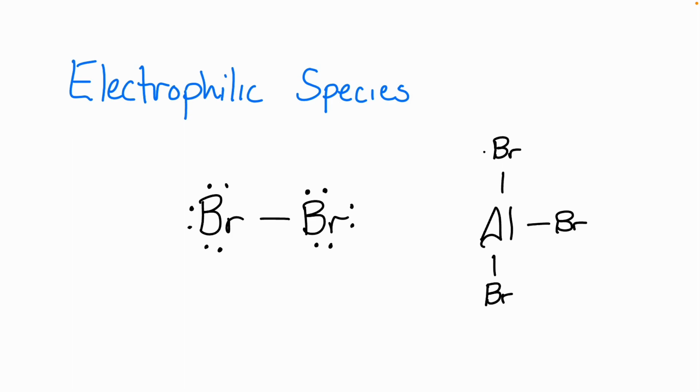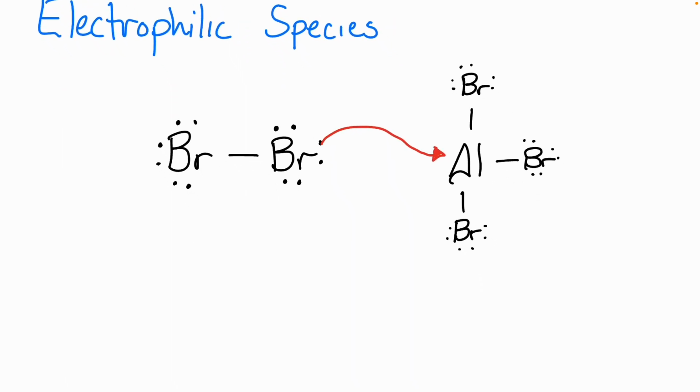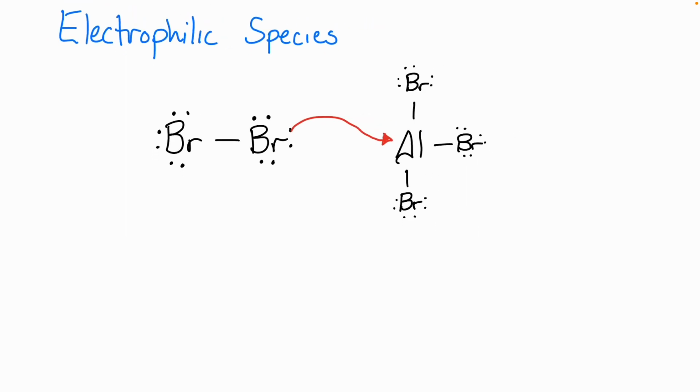So both of these catalysts are able to accept a pair of electrons from that bromine, creating this complex here.